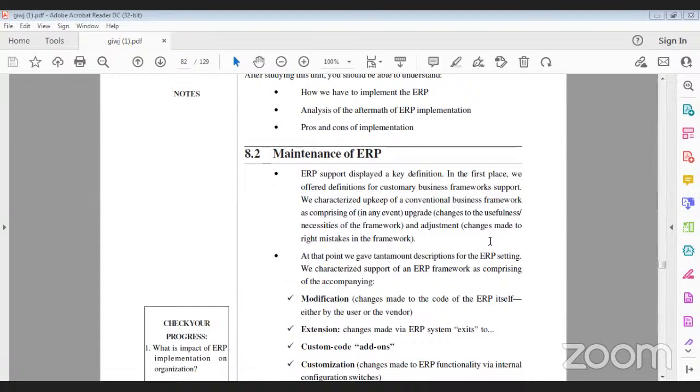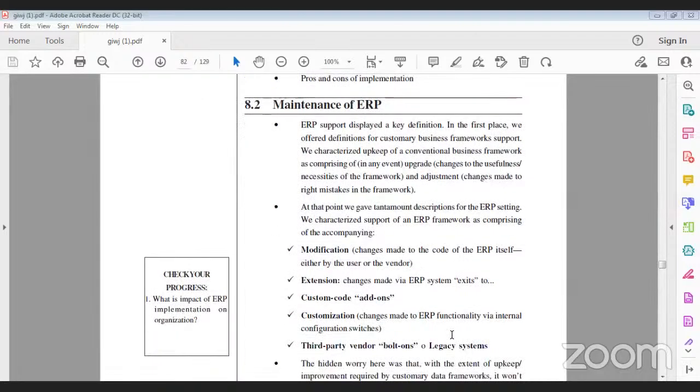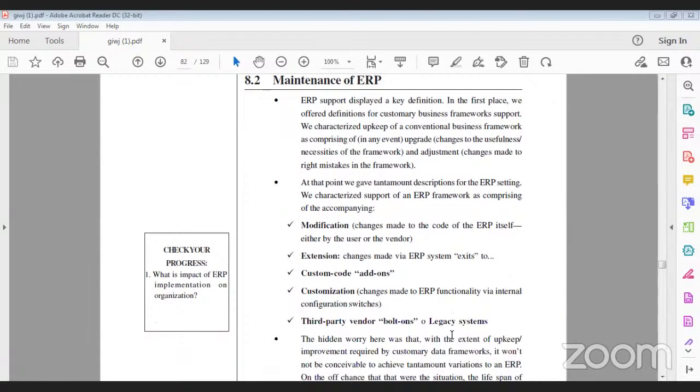Then it has to be taken into account that there must be modification, which is a change made to the code of the ERP itself, either by the user or the vendor. The second is extension, which is changes made to the ERP system exit.